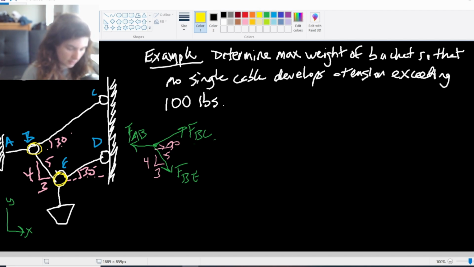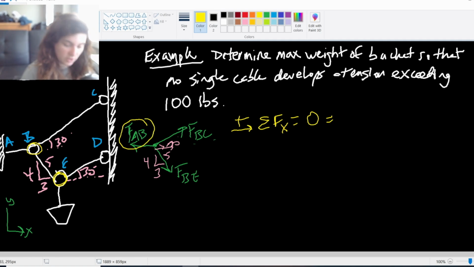So I can say, in the positive x direction, if I sum these forces, it's going to be 0. And I'm going to have the x component of this force, it's entirely in the negative x direction, so negative FAB.